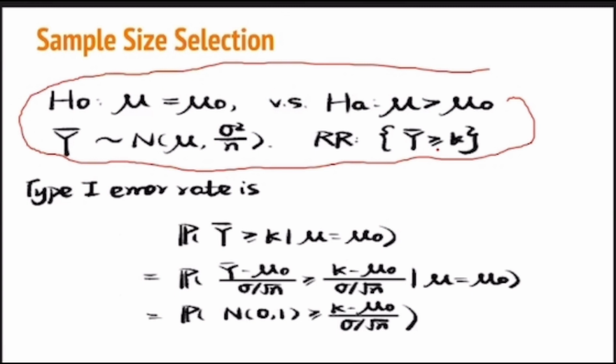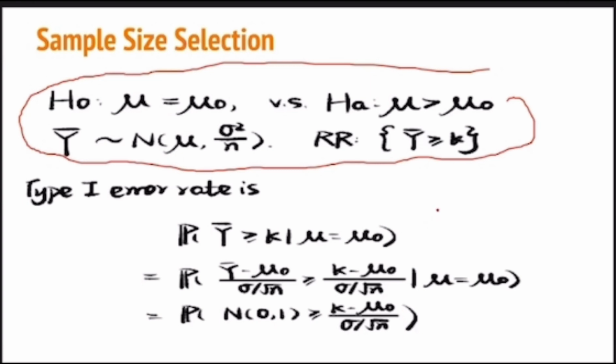Now, let us first calculate, for instance, how do we calculate the type 1 error rate? If I set up a type 1 error rate to be a particular value, I can figure out the minimum sample size I need to achieve that value of type 1 error rate.